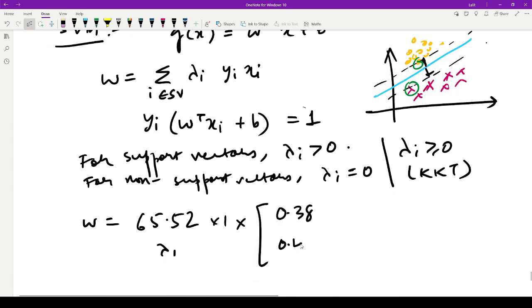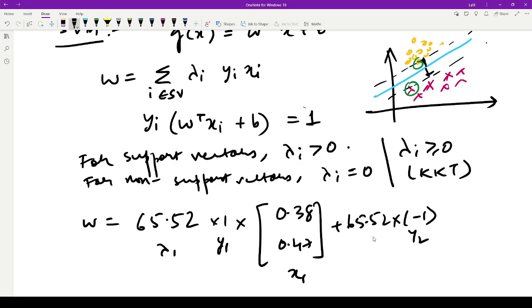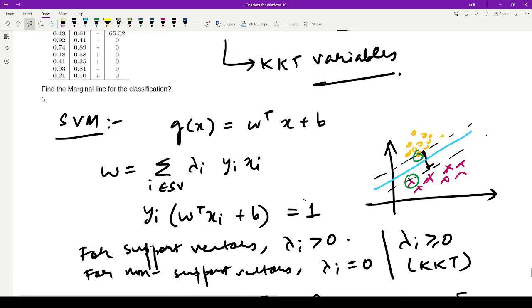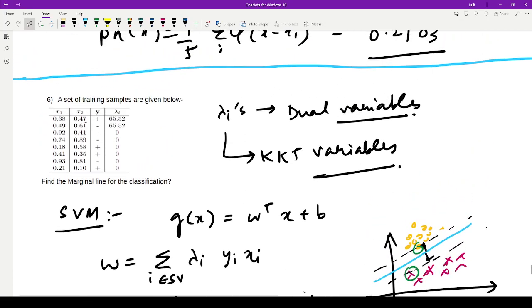This is x1. Again, 65.52 into minus 1. This is y1, this is y2, and this is lambda 2. And this vector is 0.49 and 0.61.